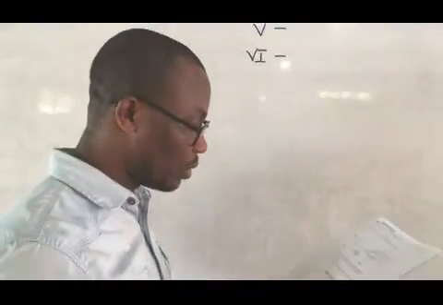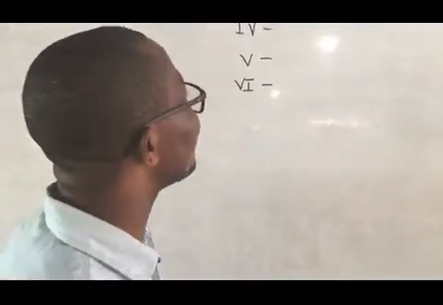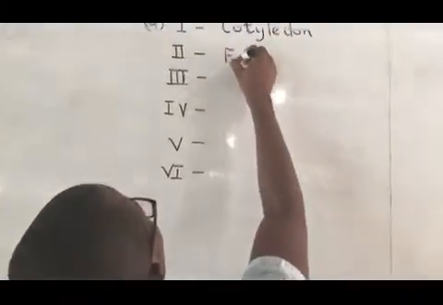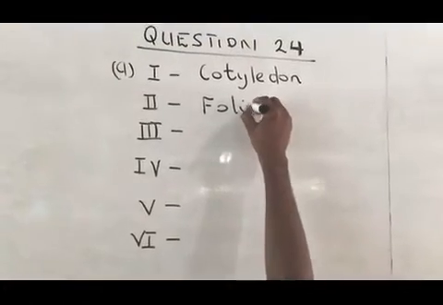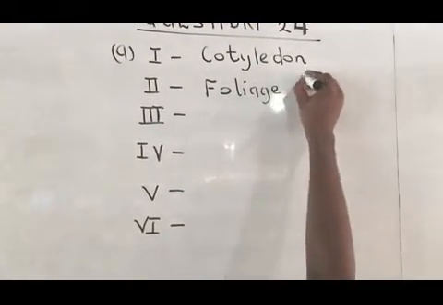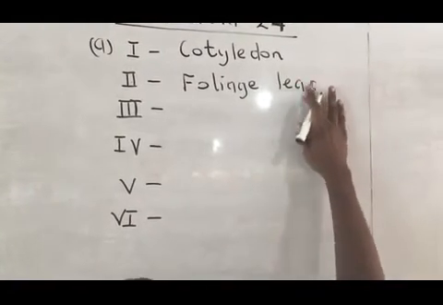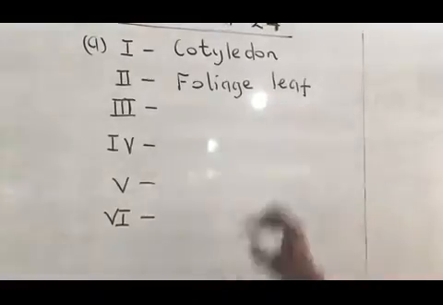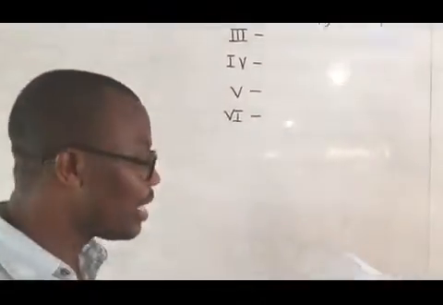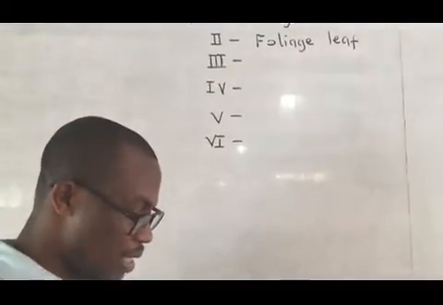The II is a foliage leaf. The foliage leaf in this case, that's the first set of leaf that develops. So the foliage leaf, or you can say first leaf.